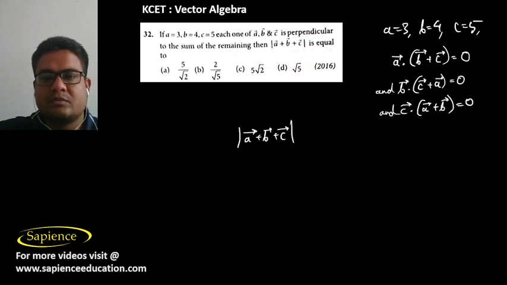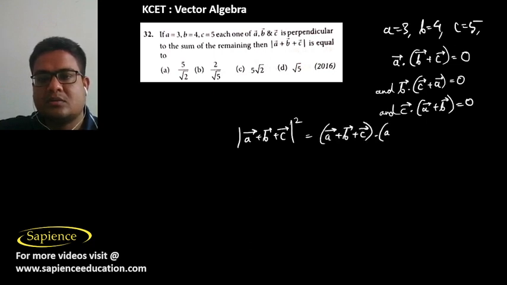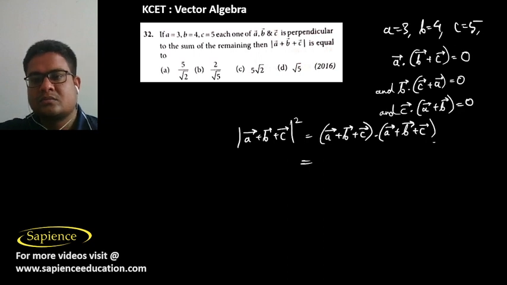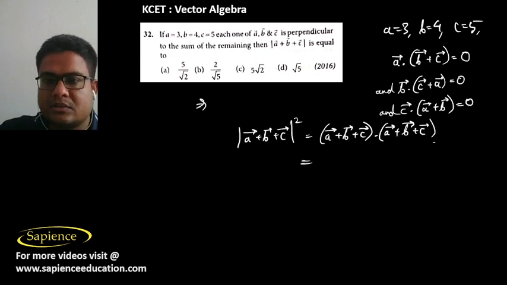So mod of a plus b plus c whole square is a plus b plus c dotted with itself. From here we can see that a dot b plus a dot c is 0, b dot c plus b dot a is 0, and c dot a plus c dot b is also 0.